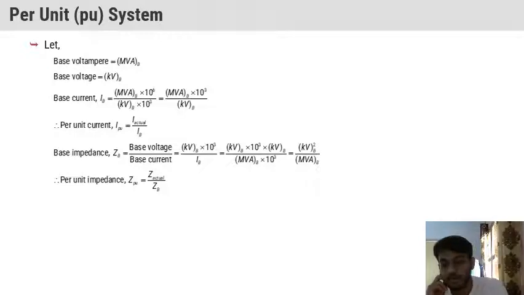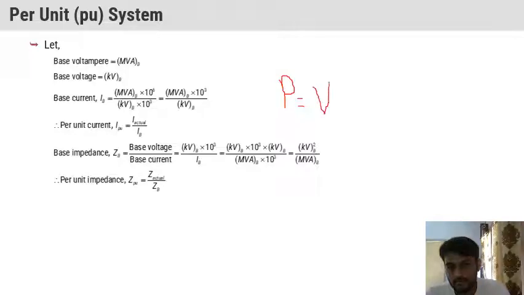If you want the base current, how can we calculate it? What is the normal equation of power? P is equal to V into I.